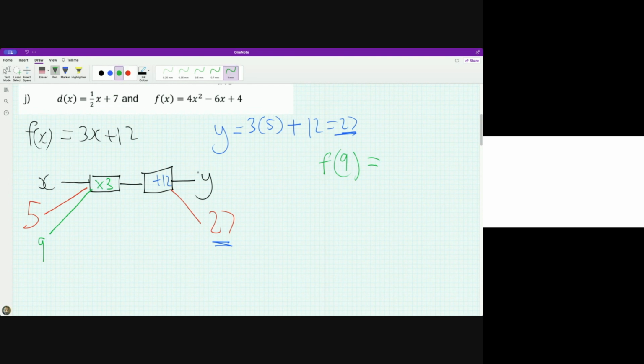So 9 is the input, times 3 is 27, plus 12, and we would get 39. Or if we visualized it this way, we would also get 39.